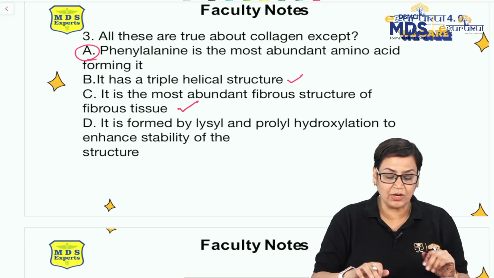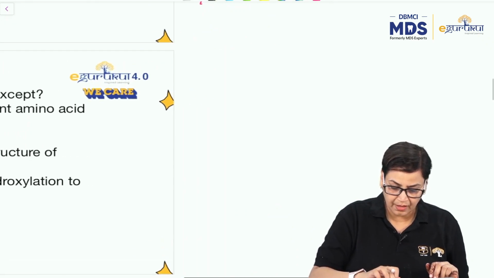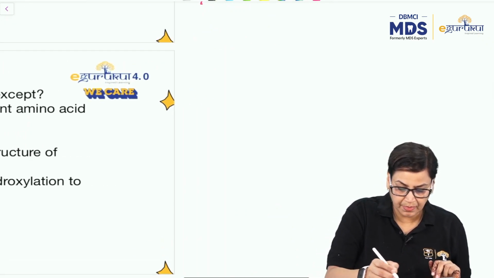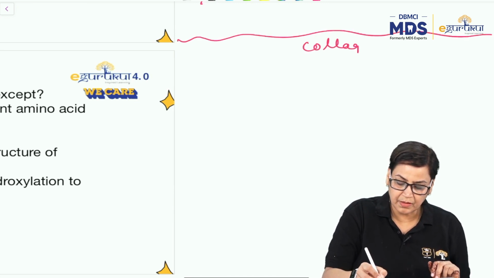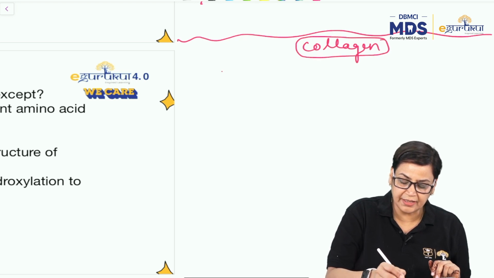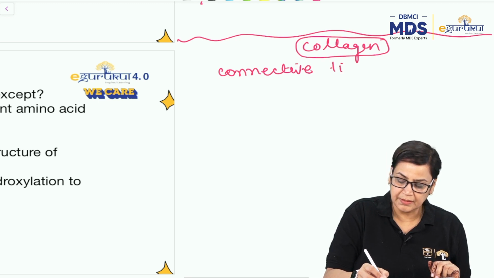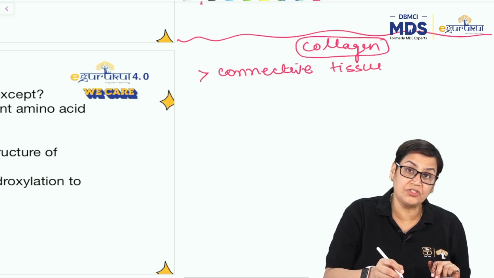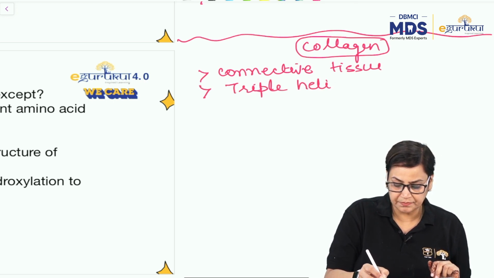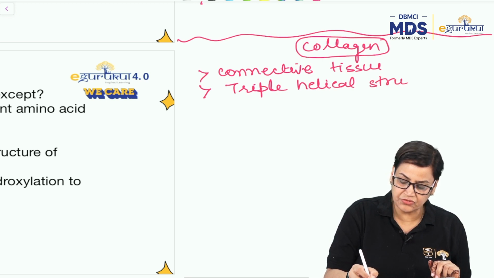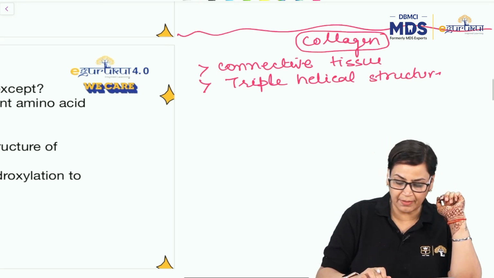Right? Now, first of all, what is this collagen? Now, all of us know that collagen is the most abundant connective tissue. And collagen has a triple helical structure, and it always forms 3 repeats of amino acids.